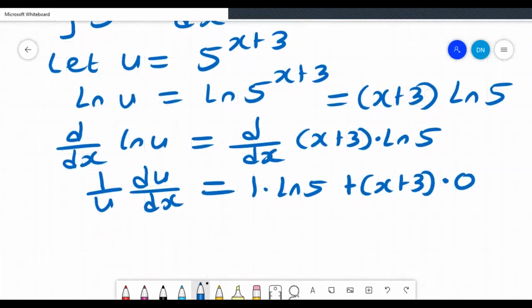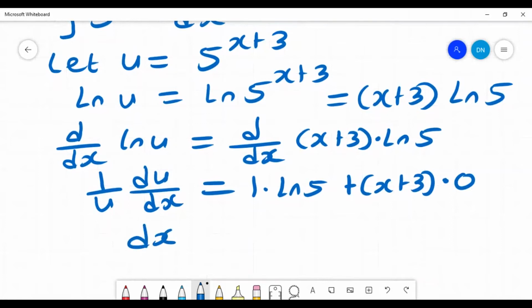So automatically, on my right-hand side, I'll be left with ln of 5. If I make dx the subject of the formula, then I'll be left with du all over u times ln of 5. That's what I'll get if I make dx the subject of the formula.